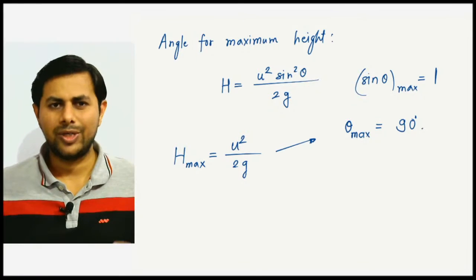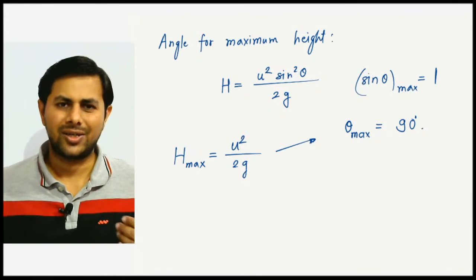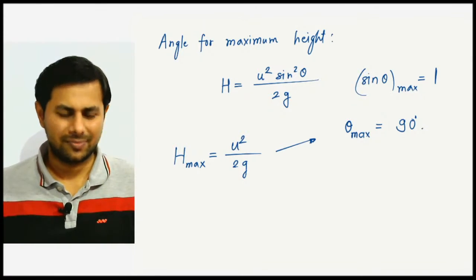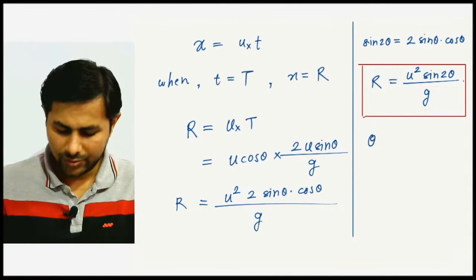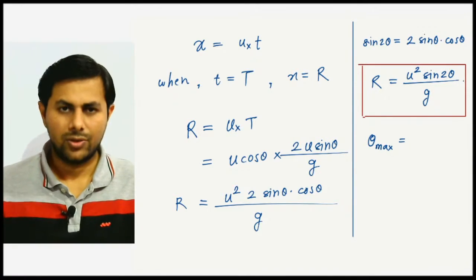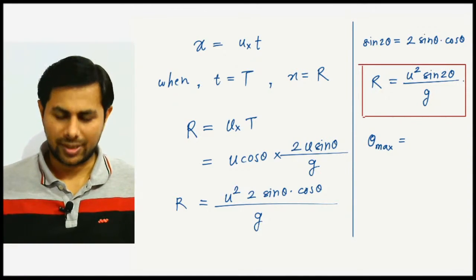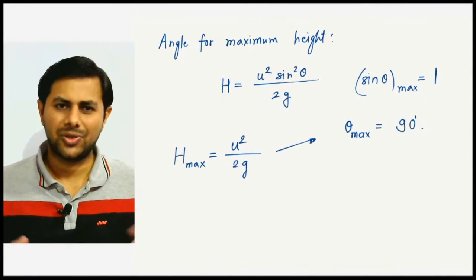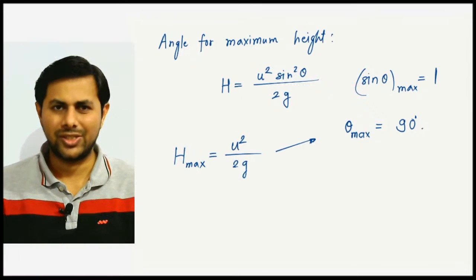Now what will be the angle corresponding to the maximum horizontal range? I am just calling this angle theta max. For maximum height also I called this theta max, so there is no universal convention.